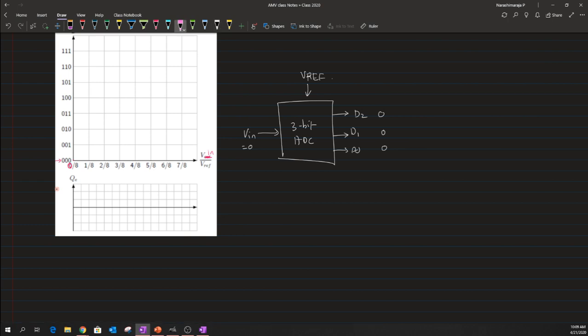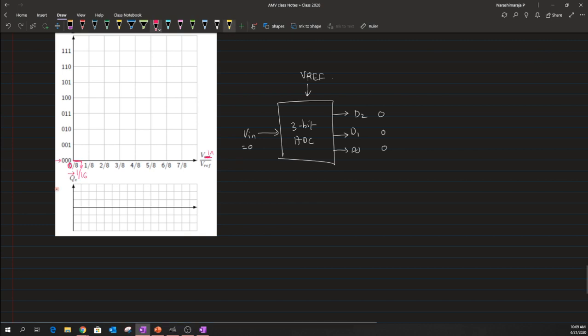When I am just a bit higher than this given value of 0, say, midway between 0 by 8 and 1 by 8, which is nothing but 1 by 16, even this value of analog input is still mapped onto the same data.